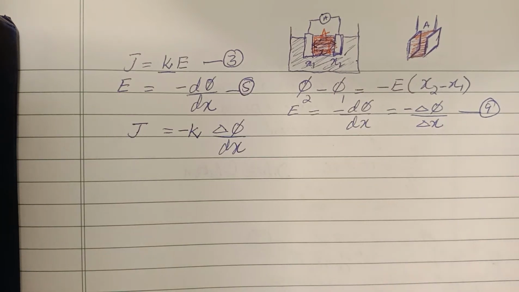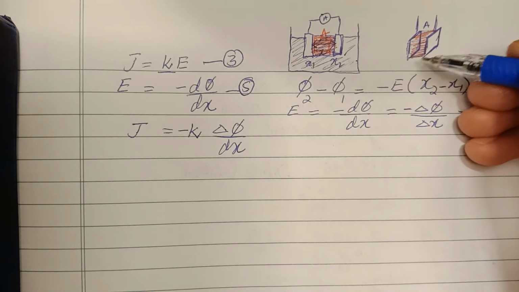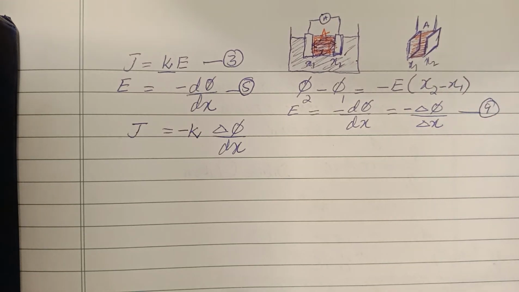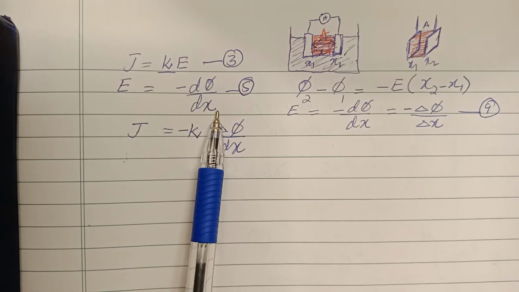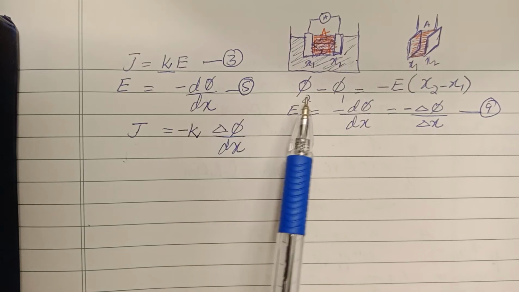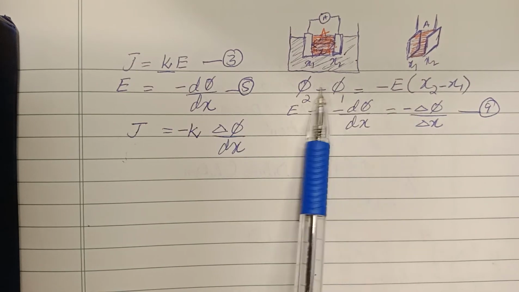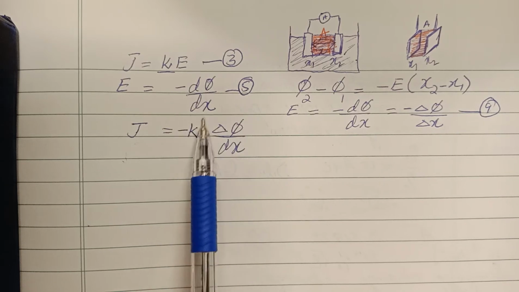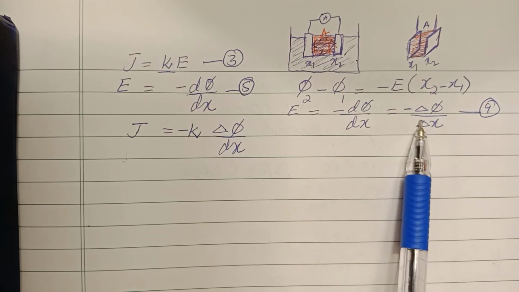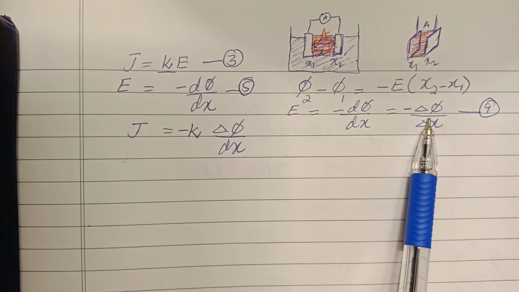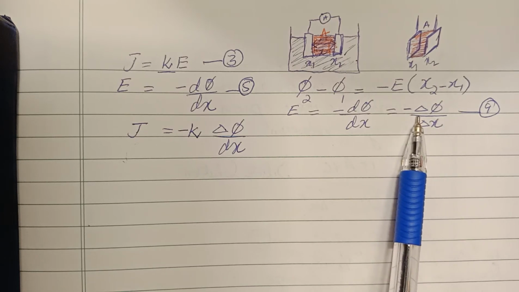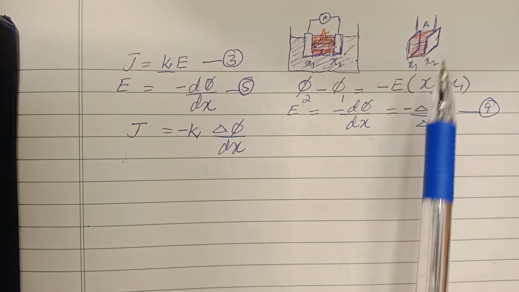So for this condition, we have only 2 points, that is x1 and x2. So this integral equation is derived from this differential equation given here. So we can rewrite equation 5 as equation 9, which is showing the del phi, the electric potential difference between the two electrodes.